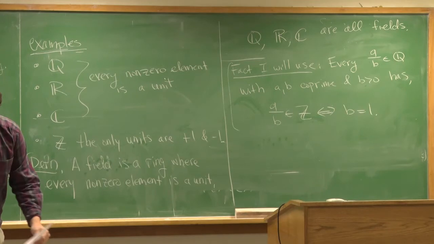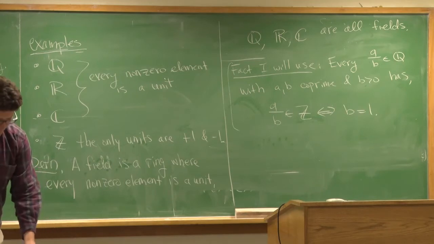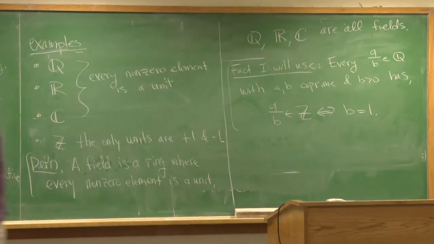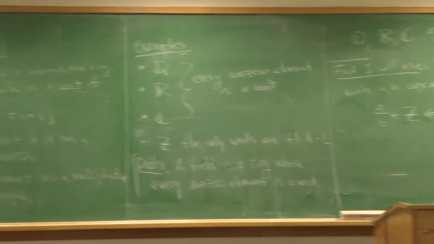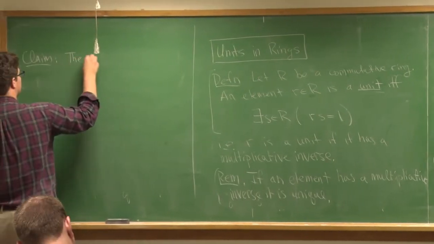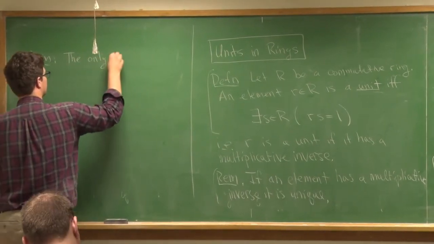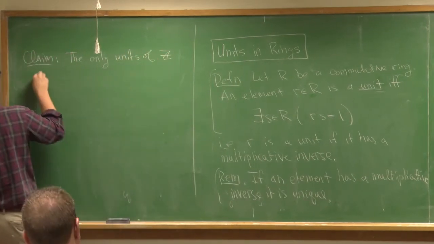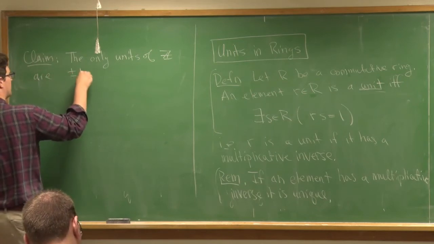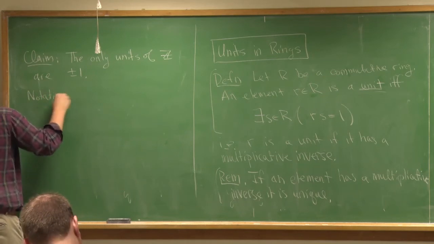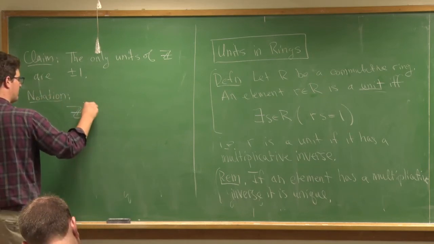Now I want to prove that the only units of Z are plus or minus 1. So let me state that as a claim. Here is some notation: Z cross.